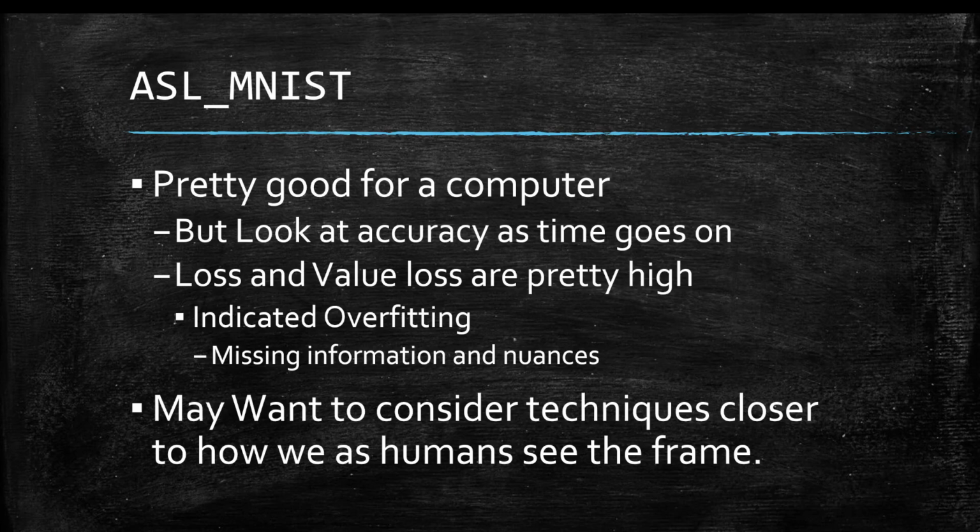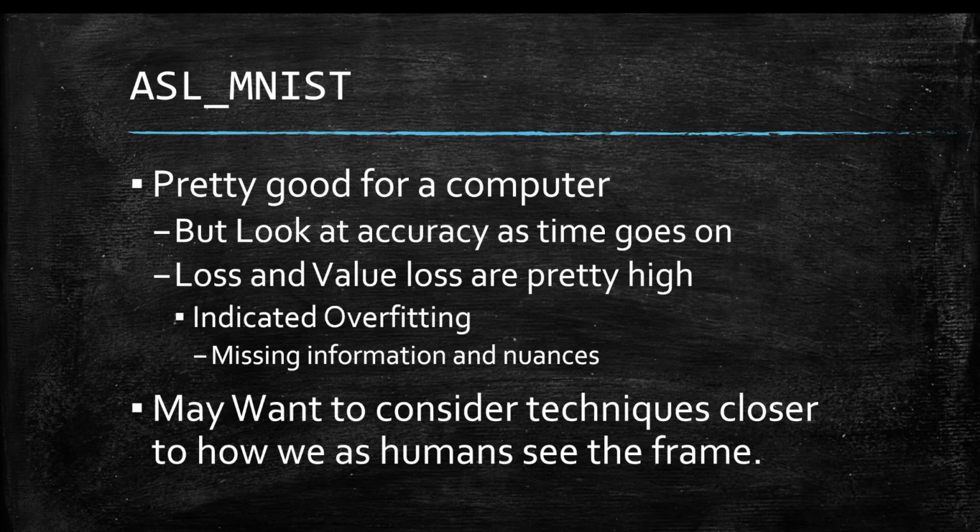Now, if we look at what we did on Monday, it's pretty good for a computer algorithm, and the accuracy is pretty good. The loss and the value loss are pretty high, and that's an indication that the data has been overfitted.